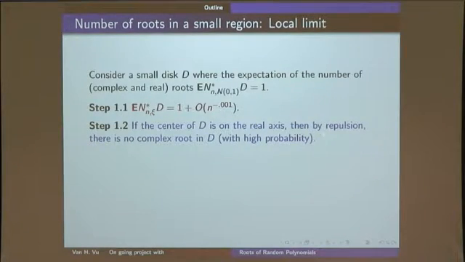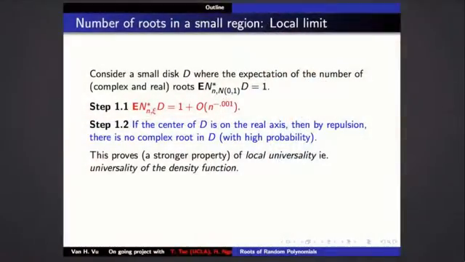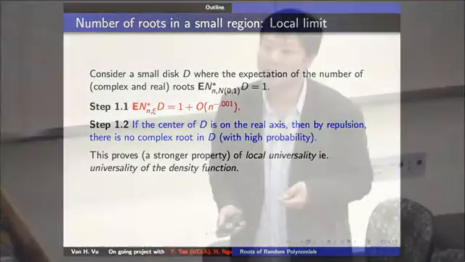Well, we have to prove that there's the same repulsion in the Gaussian case and the plus minus 1 case. So that's also part of the universality. So basically, the thing we really prove with this theory is local universality for all correlation functions.